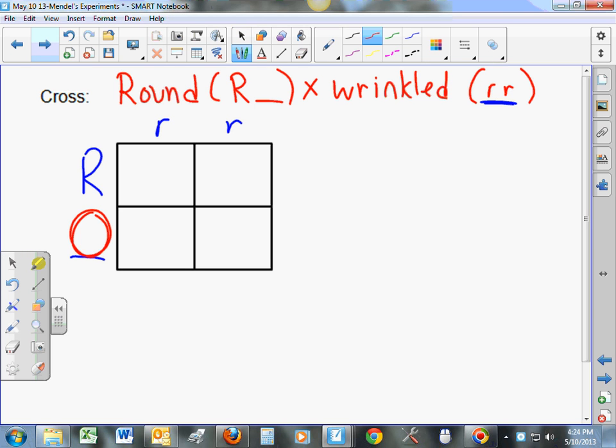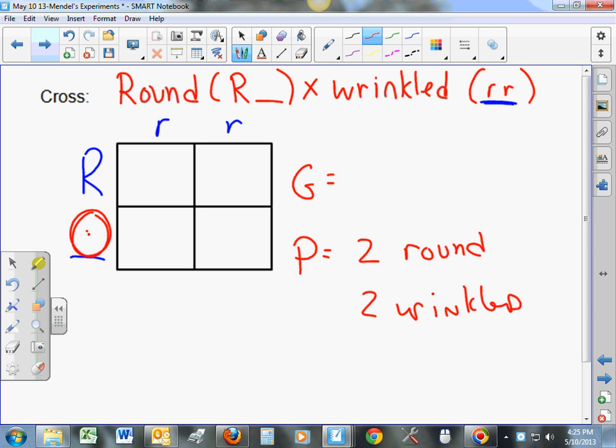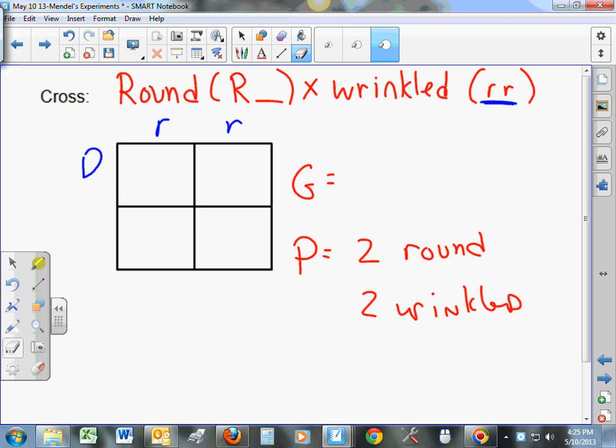Okay, so I crossed these two together, and I want to know what the genotype is right here. But I know what the phenotype is because after I cross them together, I get two plants that are round, and I get two that are wrinkled. So what does this genotype have to be over here? Go ahead and work it out.